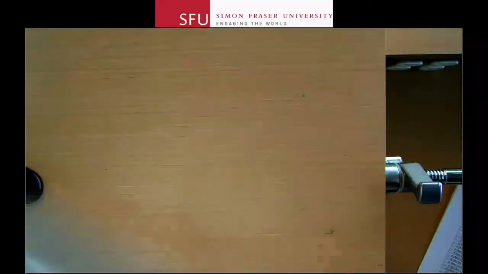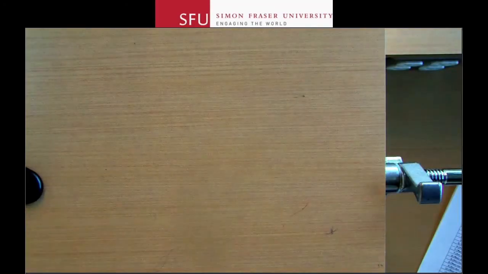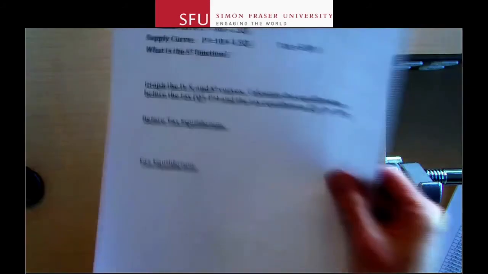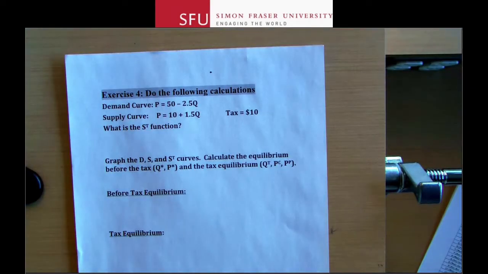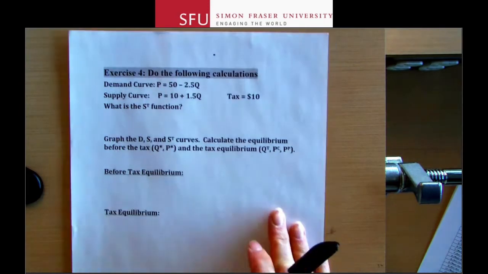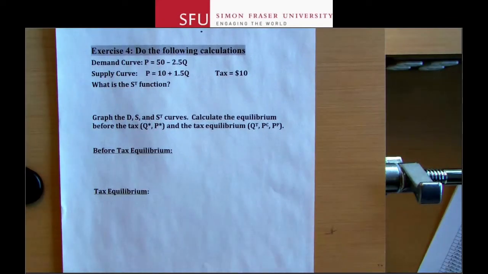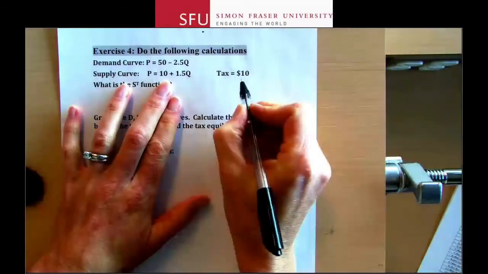All right. Okay, so let's finish up with the last example, and then you guys can have a break. So we have a demand function and a supply function and the tax.